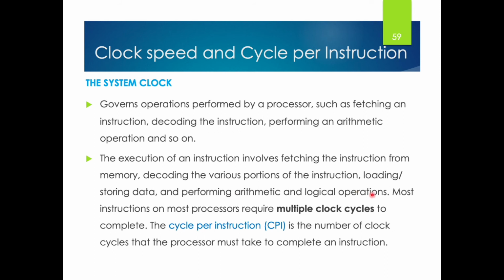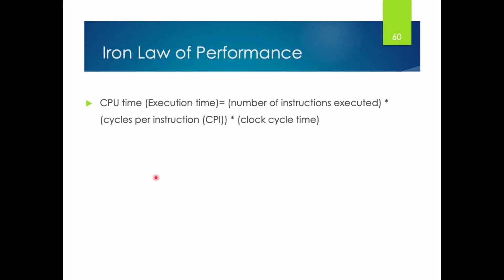Most instructions on most processors require multiple clock cycles to complete. That means for the CPU to complete an instruction, it needs some instruction cycles. And the cycles per instruction, abbreviated CPI, is the number of clock cycles that the processor must take to complete an instruction.